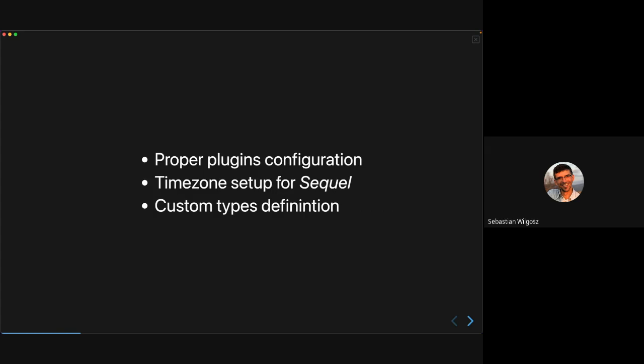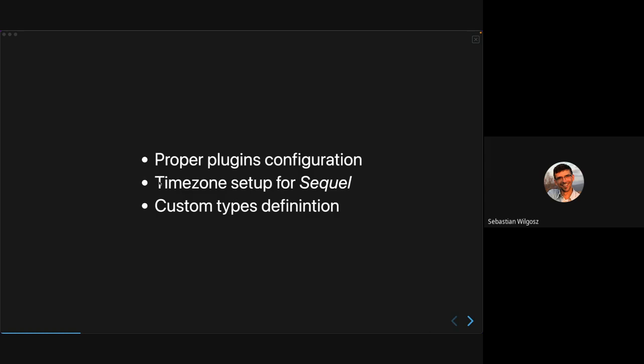And the thing is that I did not know advanced ROM configuration at that point. So the proper plugins configuration was pretty troublesome to figure out. I also forgot to set up the time zone for SQL. And this was a bit of a delay, with a lot of tests failing randomly because of time zones, and I had no clear idea how to fix it quickly.